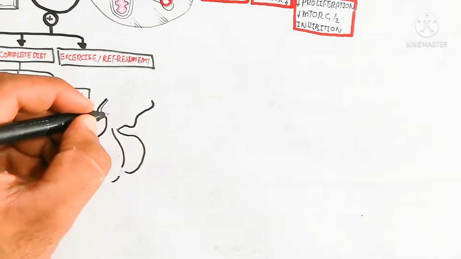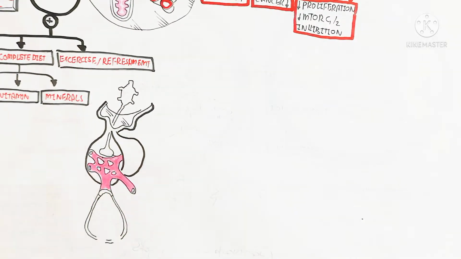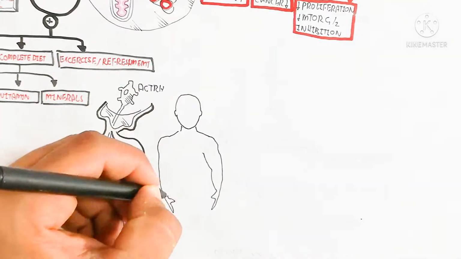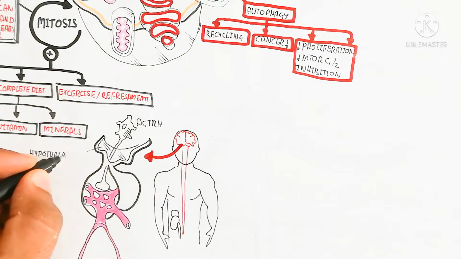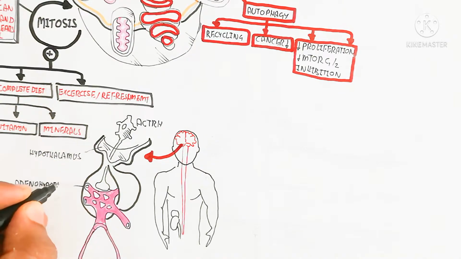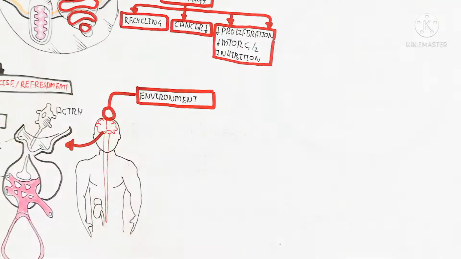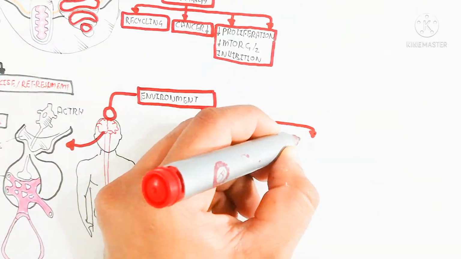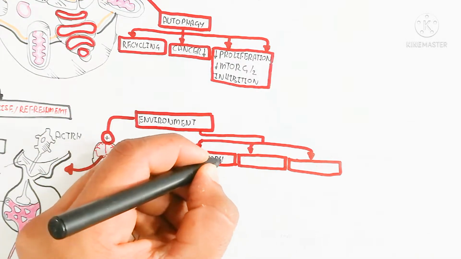So let's begin to understand the stress and environmental effect on our brain, our physiology, our body. The higher brain cortex is here, and here are the pituitary gland and hypothalamus. The hypothalamus contains corticotropin releasing hormone, which is stimulated by stress in the environment, job problems, fighting and genetics.